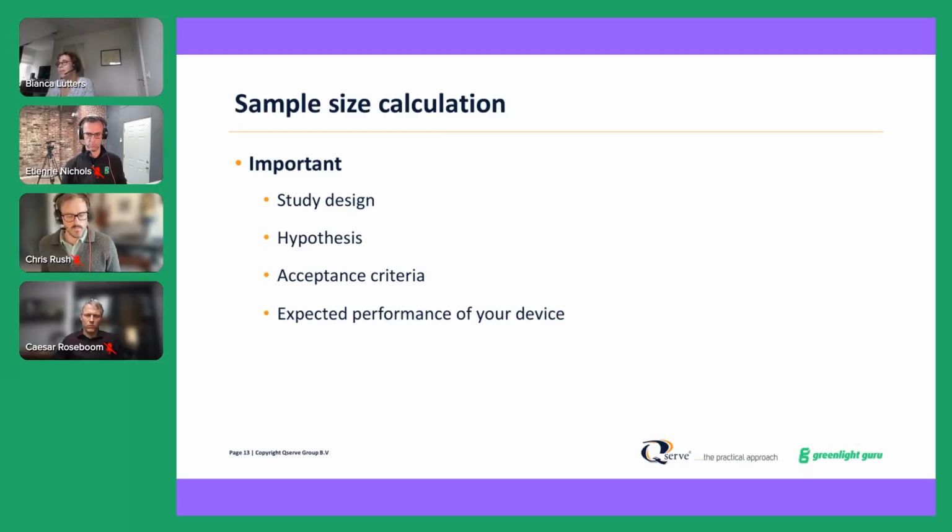But if that's not the case in practice, you underestimate your sample size. Be aware of that, and that means that you may fail your primary endpoint. So that's what you want to avoid. Expected performance, be realistic, because otherwise you will have a sample size that's not enough to support your hypothesis.